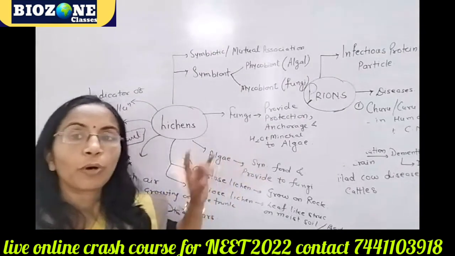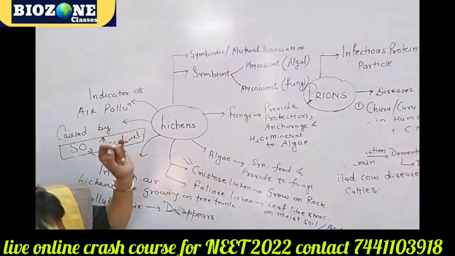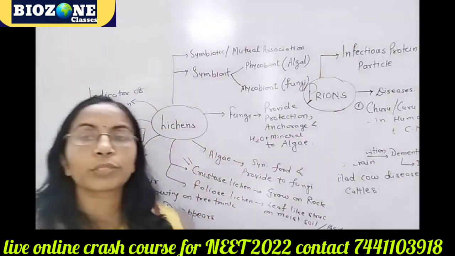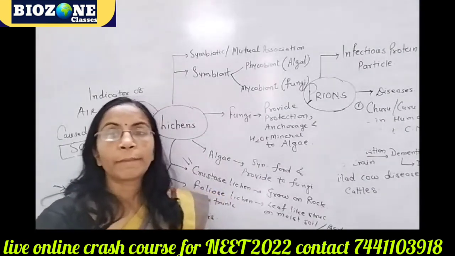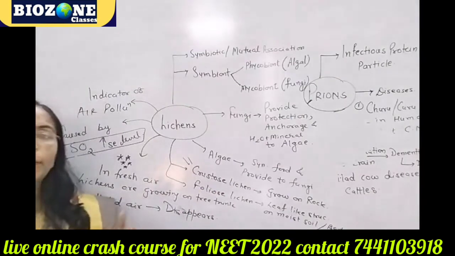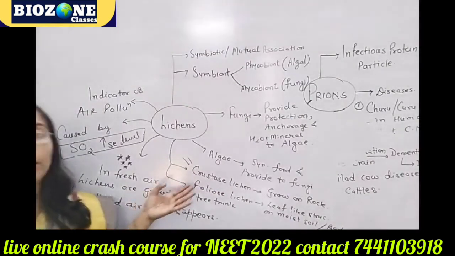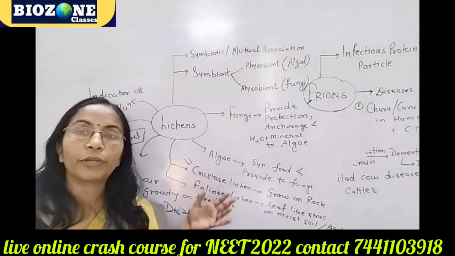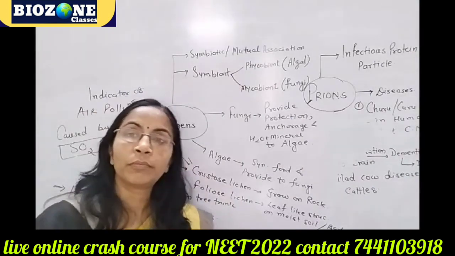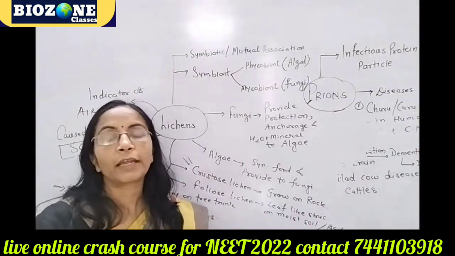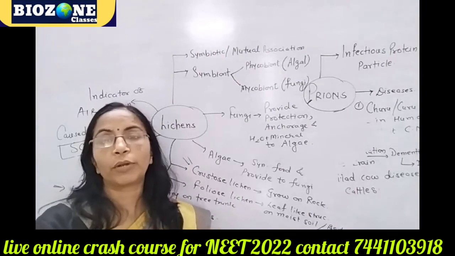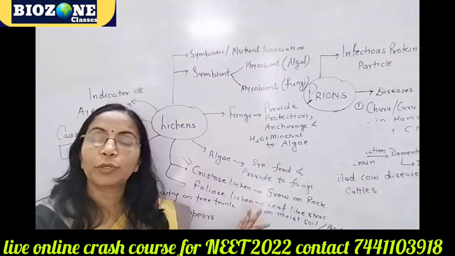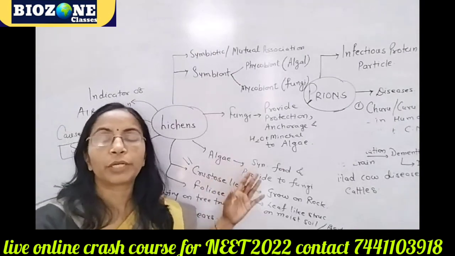Not tomorrow, because hardly 10 minutes are there, so we are not going to start the chapter. Tomorrow we will start the kingdom Plantae. Maybe tomorrow the class may run a little bit longer, but we will try to complete the entire kingdom Plantae tomorrow itself, because algae, bryophyta and pteridophyta only you have to study. Gymnosperm is much more similar to the pteridophyta.